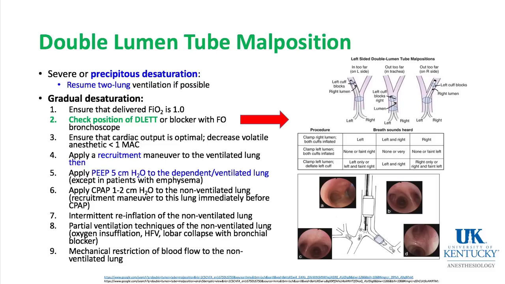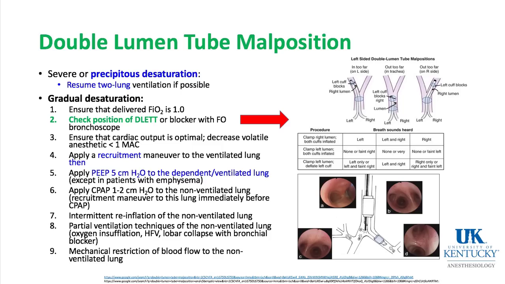Malpositions of the double lumen tube is the next key word. Let's first review: what if you have lung isolation, or you think you have adequate lung isolation, and you start one lung ventilation and you have precipitous desaturation? Don't forget that if the saturation goes down to like 70% or low 80%, just go back to 2-lung ventilation and reassess what's going on.